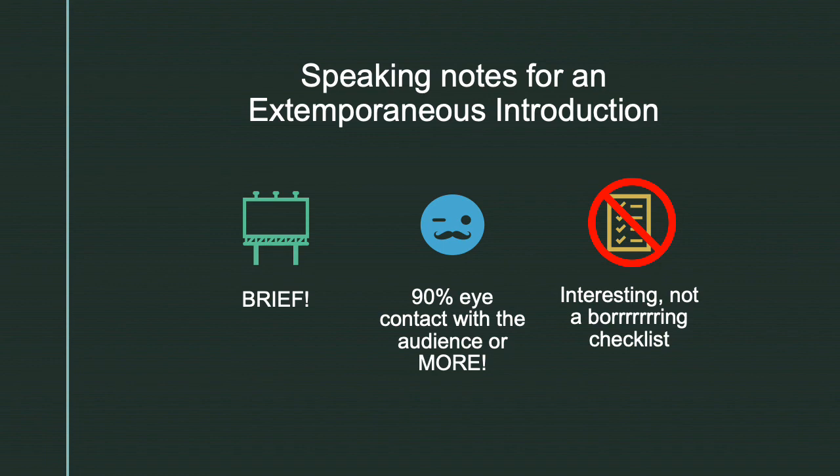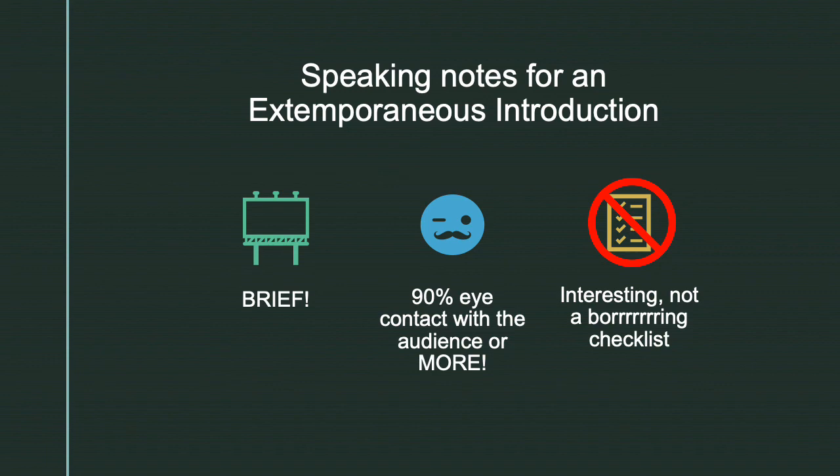Is it currently maybe 45 seconds to a minute? That means you cannot look at your notes for any more than 5 or at max 6 seconds during that entire minute. Less than 10 seconds of looking at your notes. That means almost all of your time needs to be looking at the audience, making a connection with the audience.